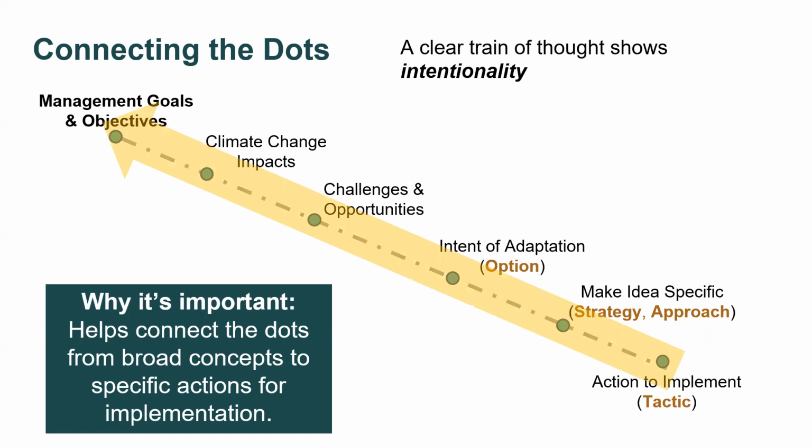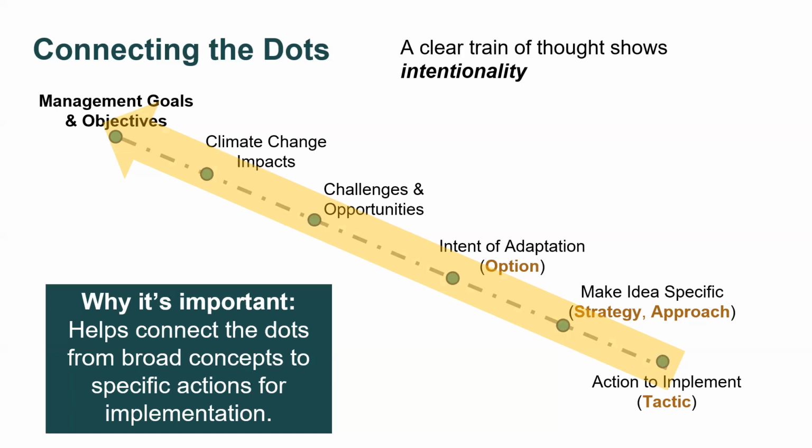We think back up this connection of the dots in terms of showing how our selected actions tier back up to the management challenges and opportunities that we've identified, the direct impacts of climate change upon our systems of interest, and then accordingly how those fit within the goals and objectives that we set out at the beginning.